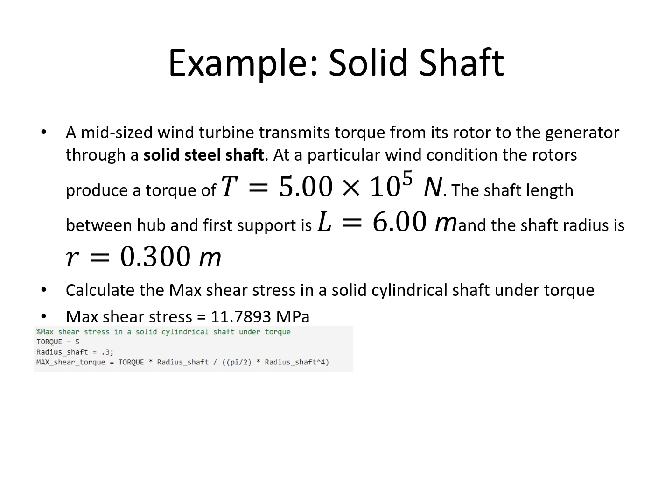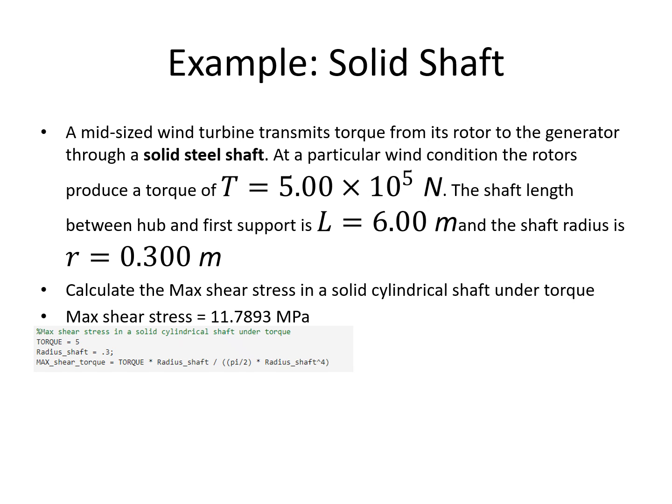In this case, a mid-sized wind turbine transmits torque from its rotor to its generator through a solid steel shaft. At a particular wind condition, the rotor produces a torque of 5 times 10 to the 5 newton-meters, and the shaft between the hub and the first support is 6 meters.